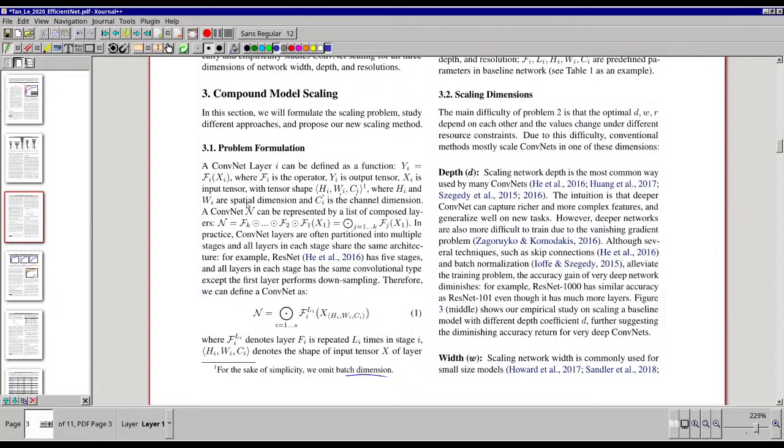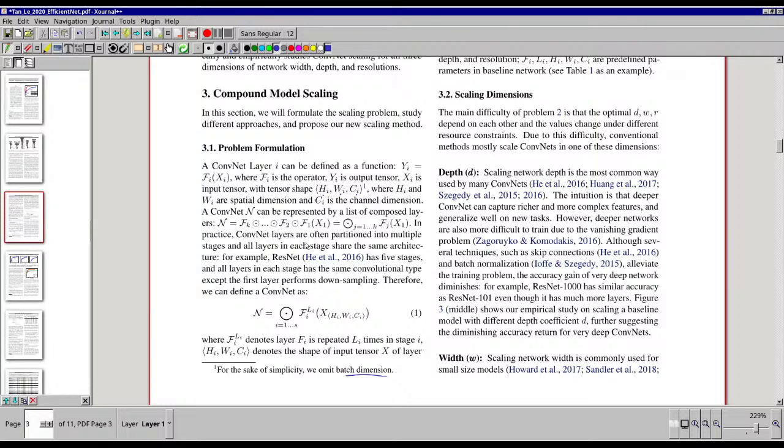Hi and Wi are spatial dimensions, and Ci is the channel dimension. A ConvNet N can be represented by a list of composed layers.